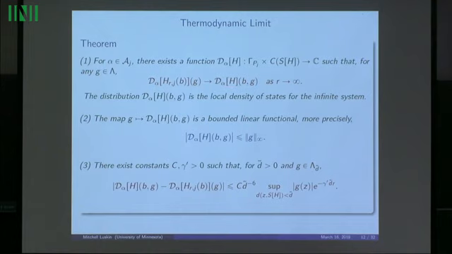I'll show you that in a minute. It's a bounded operator, so don't worry about that. This just describes precisely the exponential convergence of this local density of states, and it also describes the dependence on the test function and its analyticity. That also enters, of course.